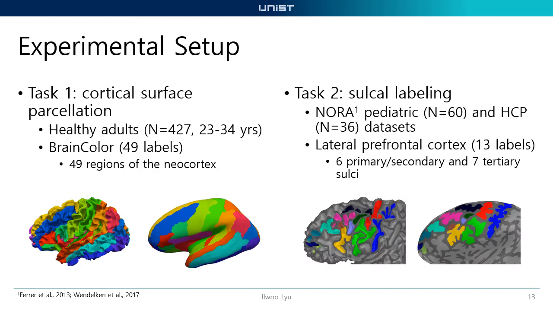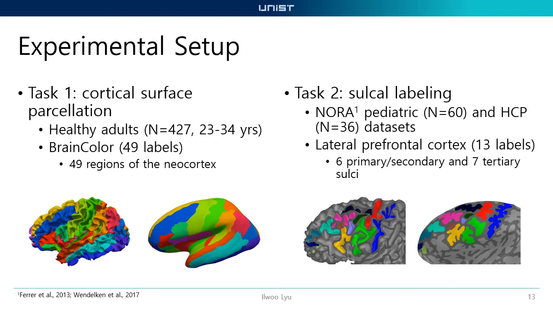We evaluate our method on two different tasks here. One is cortical surface parcellation. We collected 400 samples and use the Brain Color cortical surface labeling protocol, which uses 49 labels. In the second task, we use the same technique for sulcal labeling. We use 60 pediatric samples and also 36 adult samples for this purpose.